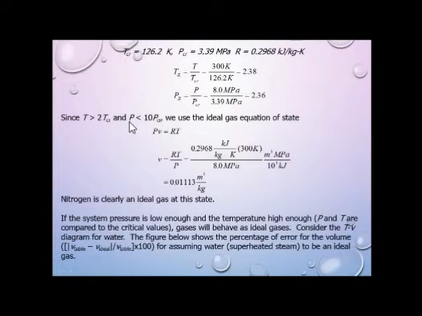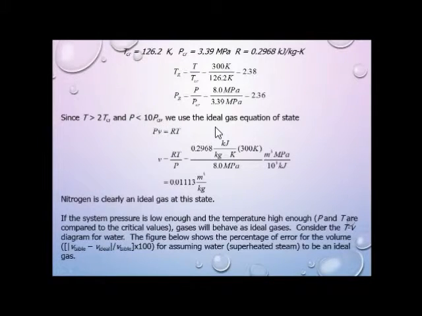Before going to the ideal gas state, we need two conditions: the relation between the temperature and the critical temperature, and the relation between the pressure and the critical pressure. In this case, the given temperature is greater than twice the critical temperature, and similarly the given pressure is much less than 10 times the critical pressure.